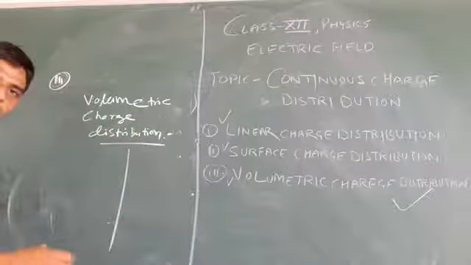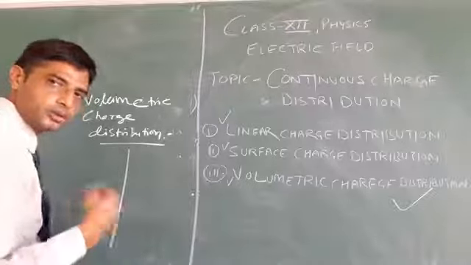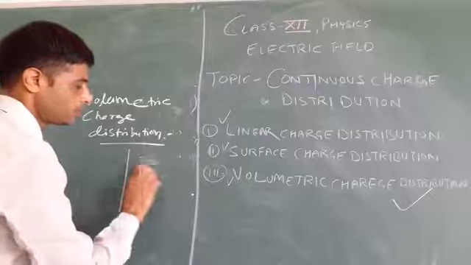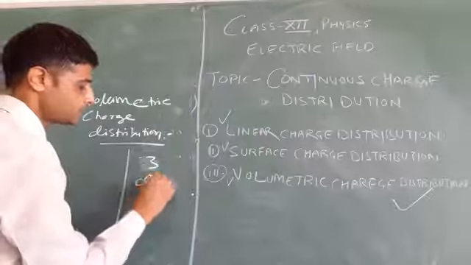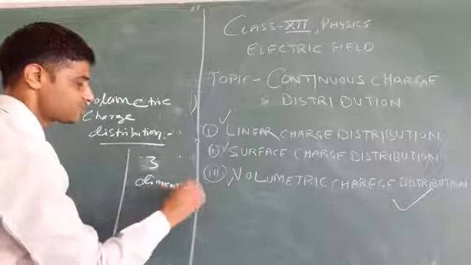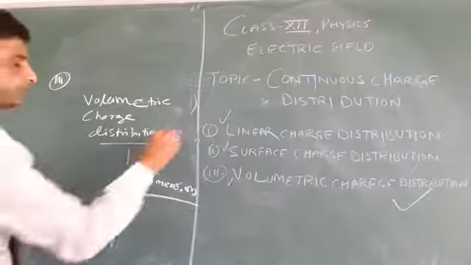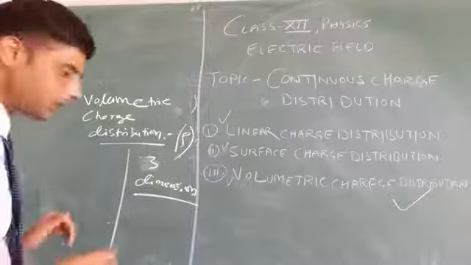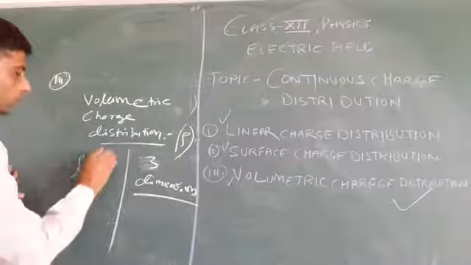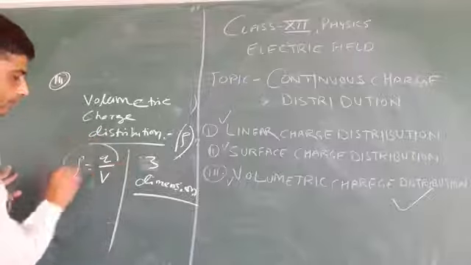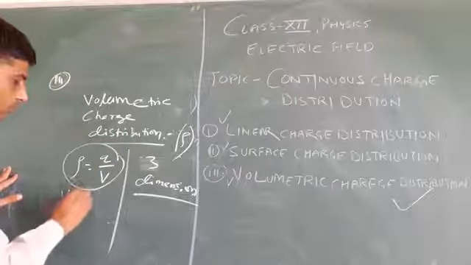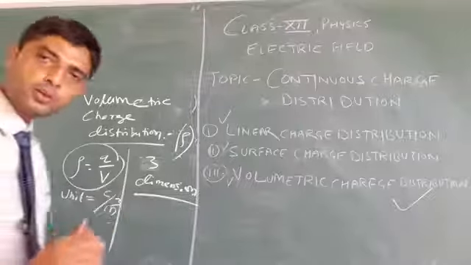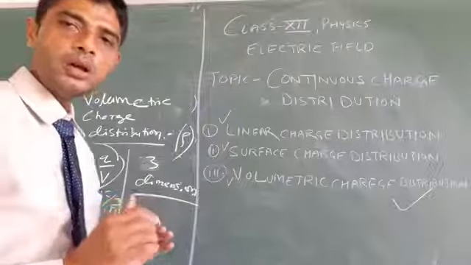When charge gets distributed in three dimensions, it is represented by rho. The value of rho is equal to Q upon V, and the unit is coulomb per meter cube.